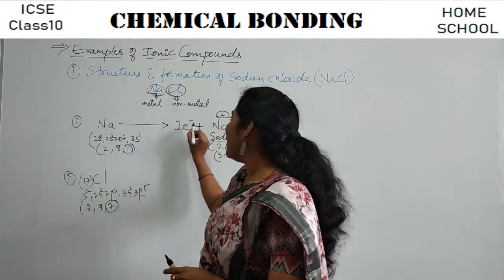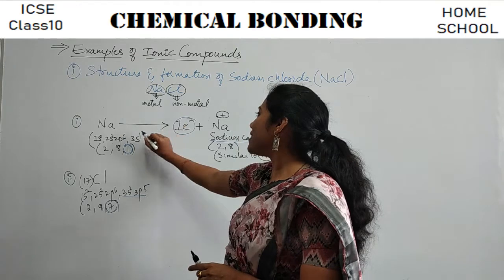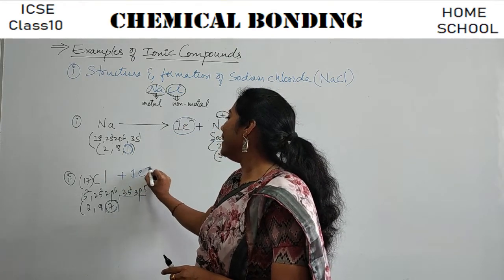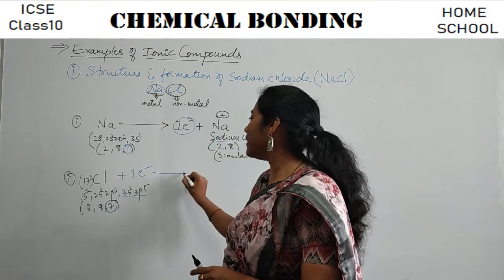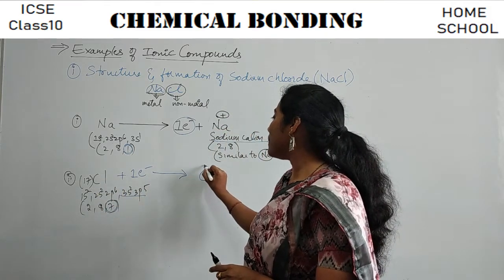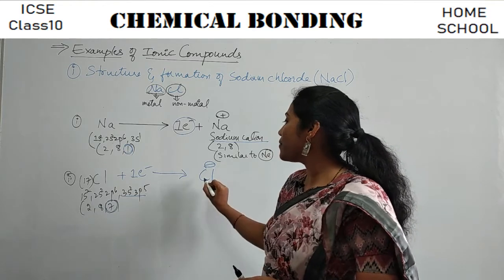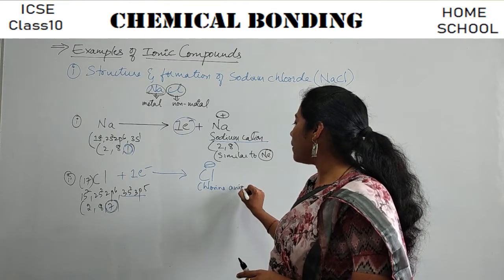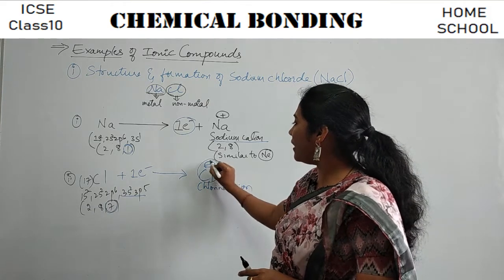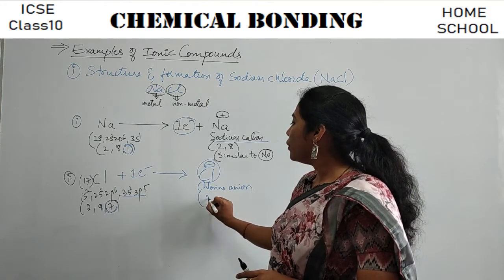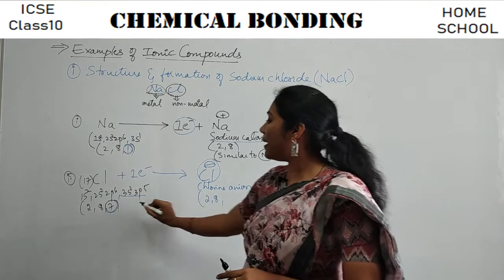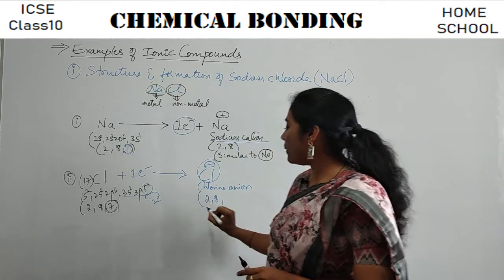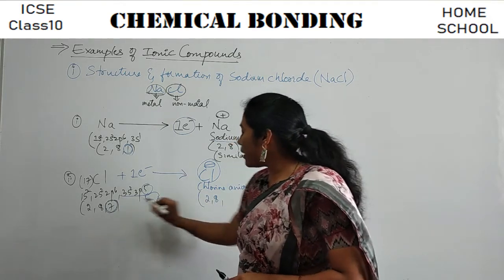So definitely the electron that sodium has lost is gained by chlorine, and our chlorine becomes Cl minus. So the chloride anion is formed. Now this anion's electronic configuration is 2, 8, 7 plus 1 electron, so I can write 2, 8, 8.